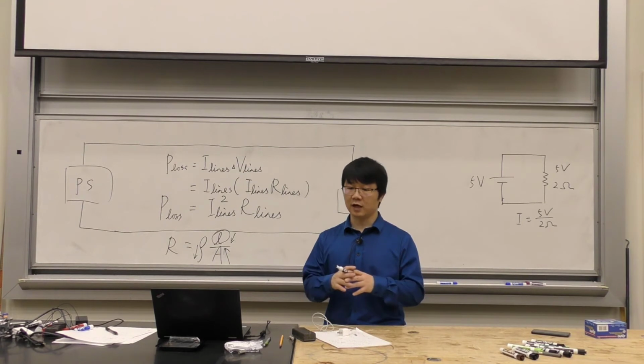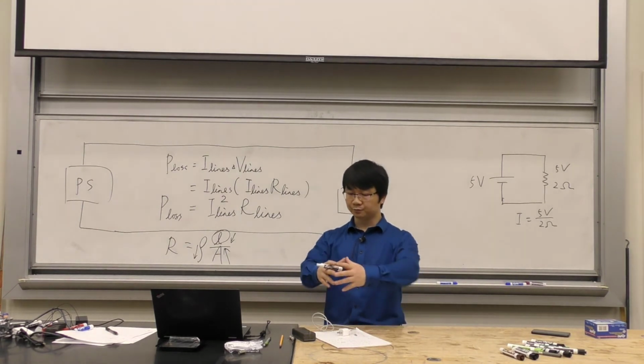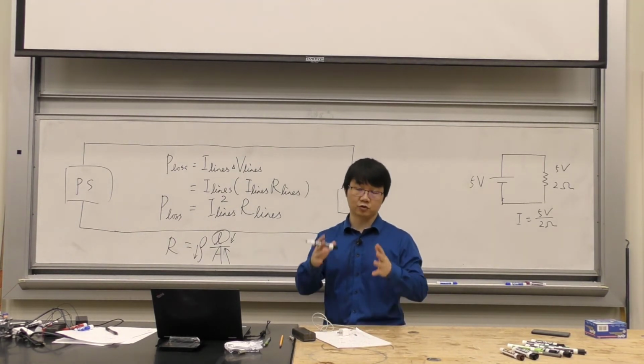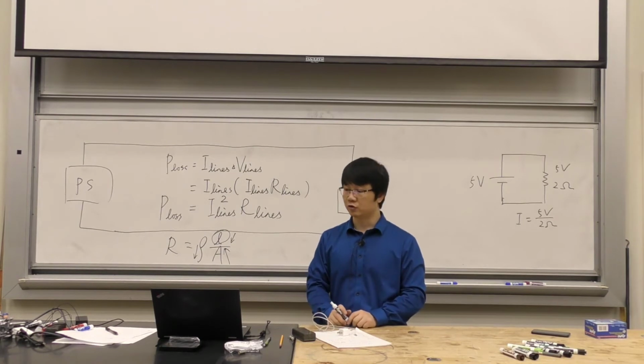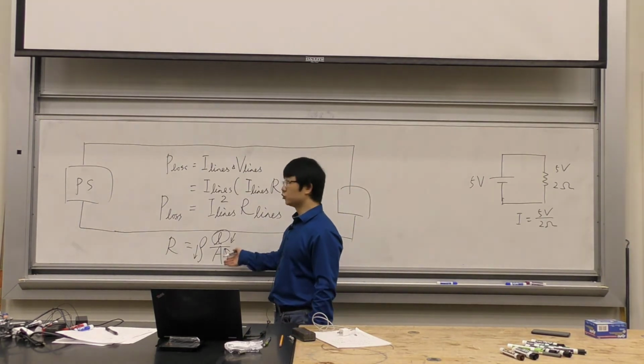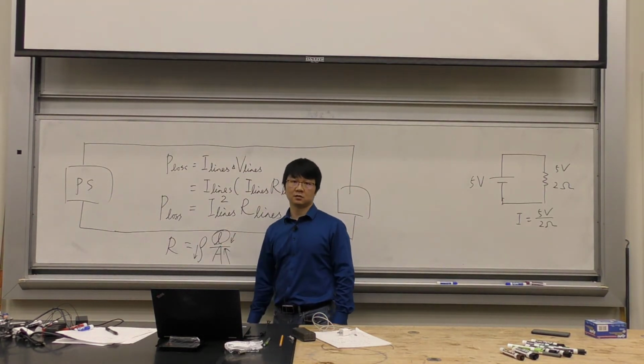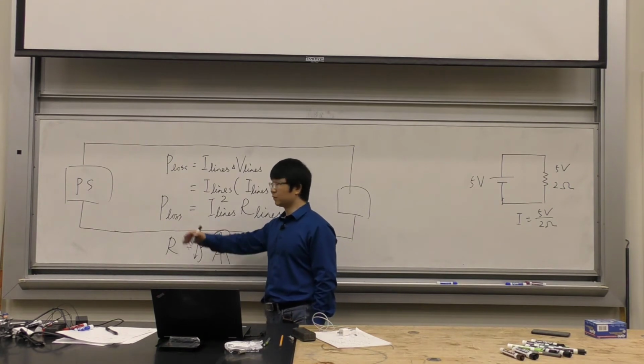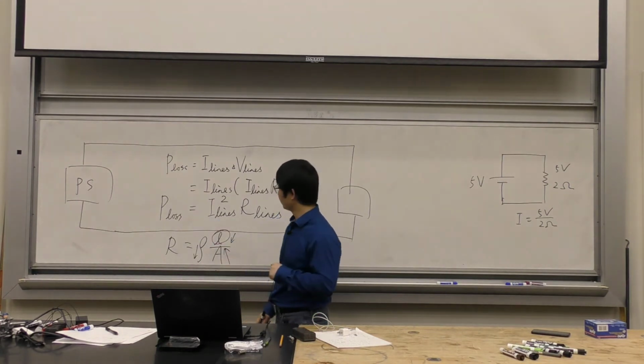You're going to have to build some very strong towers to suspend these transmission lines. So that's a stupid idea. There's not much you can do with the resistance if you want to reduce the power loss on transmission lines.